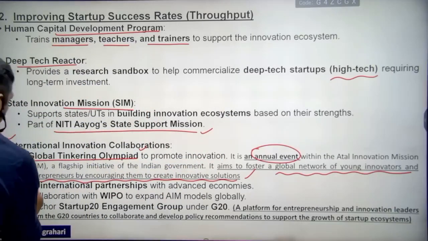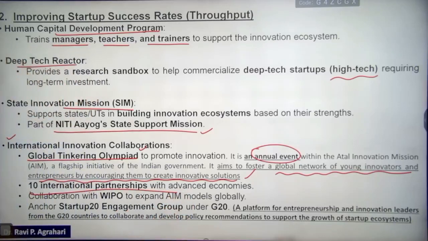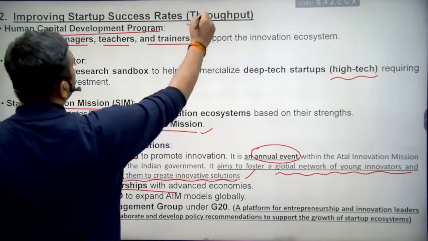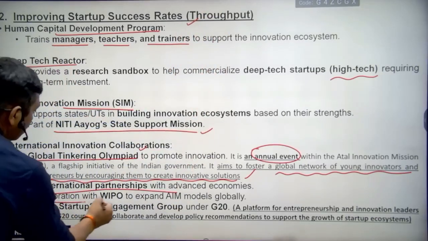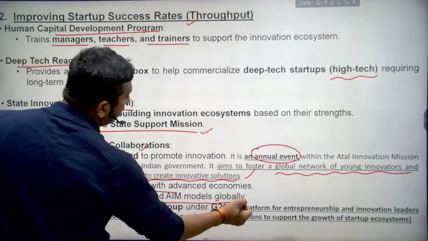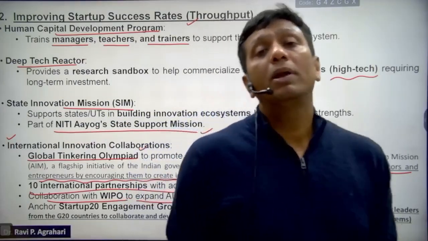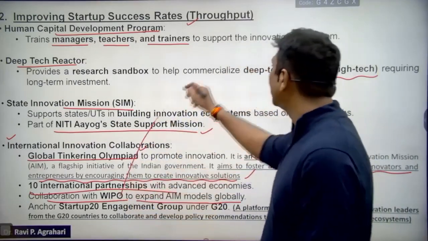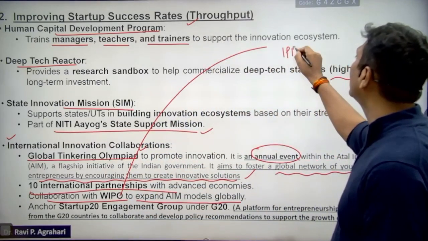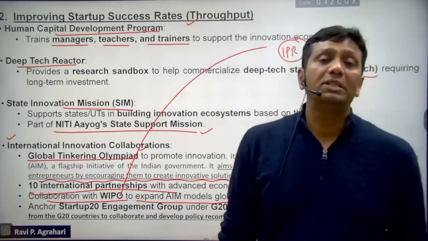Second one, guys, 10 international partnerships are already working for the advanced economies. So international level collaboration is also working, especially to run a startup properly. Collaboration with WIPO to expand AIM models globally. WIPO, I think you people know very well, is the World Intellectual Property Organization. I already discussed WIPO in the static part under intellectual property rights.